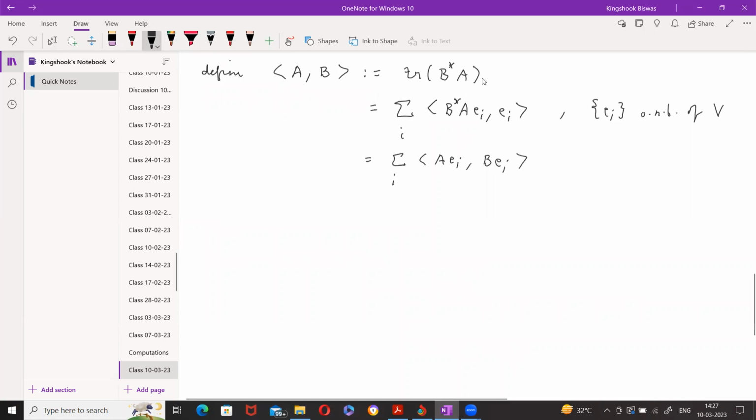So now what is this? Well, let's say f_i is an orthonormal basis of W. Then each A e_i I can write with respect to the orthonormal basis f_j as a sum over j, just the expansion with respect to the orthonormal basis: the inner product of A e_i with f_j times f_j.